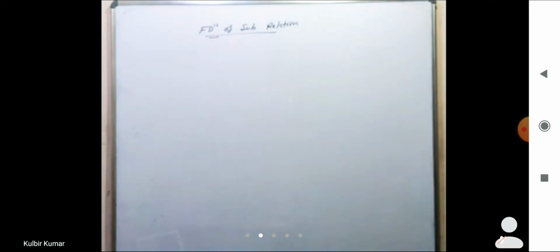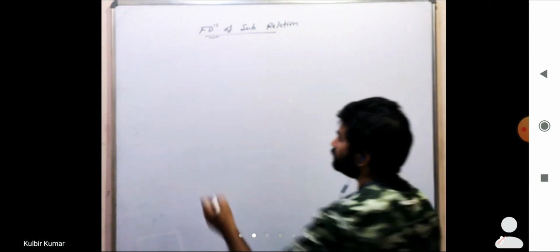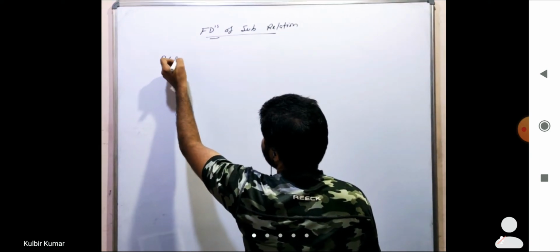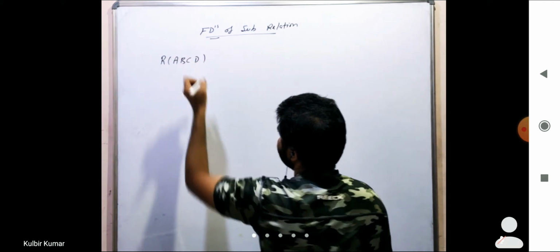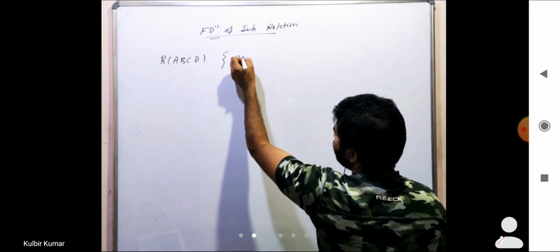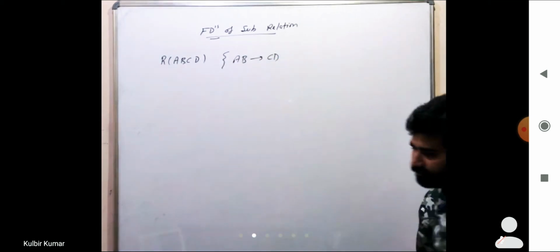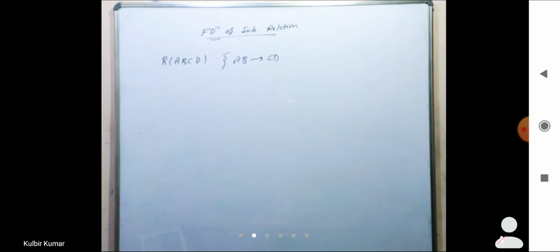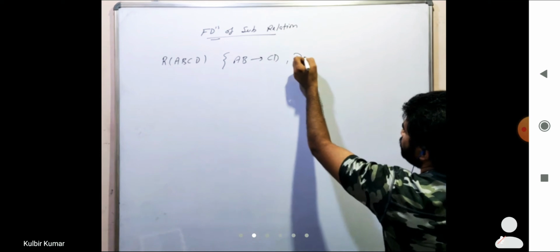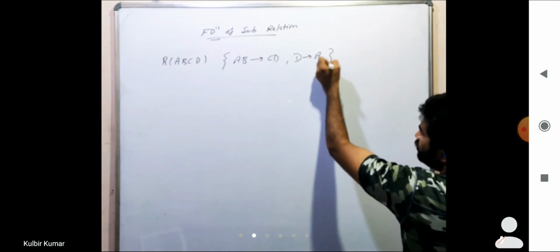Okay, so let me take a scenario. In this case it is given a relation with attributes A, B, C and D, assume, and functional dependencies are given that AB goes to CD and D goes to A, right?